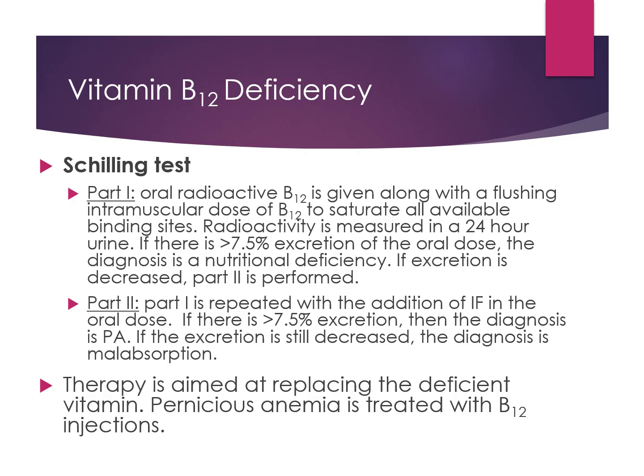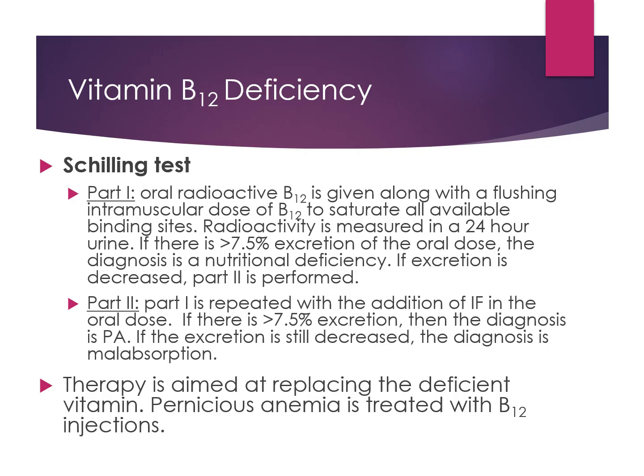So the first part of the Schilling test is where we will give the patient oral radioactive B12. We give them a flushing intramuscular dose of B12, and we do that to saturate all of the available B12 binding sites. We want to make sure that the patient has B12 in the body so we can track that oral radioactive B12 dose and see how much of it is being utilized and how much is being excreted.